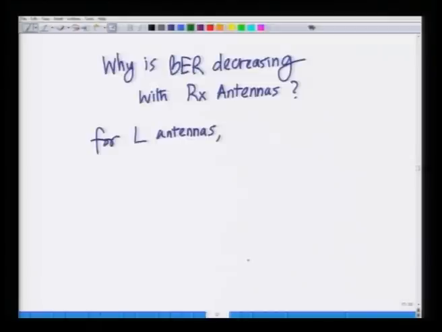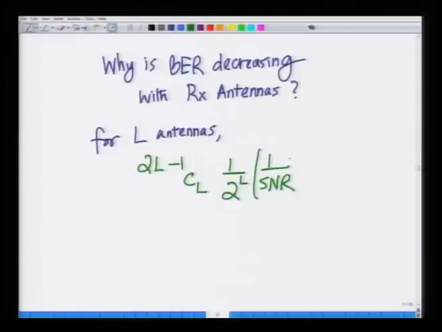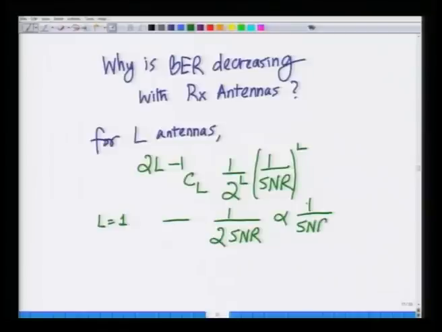For L antennas, we said the bit error rate is given as (2L minus 1 choose L) times 1 over 2 to the power of L, times 1 over SNR to the power of L. Now, for L equals 1, that is one receive antenna, we have the earlier expression, bit error rate equals 1 over 2 SNR, which is proportional to 1 over SNR.